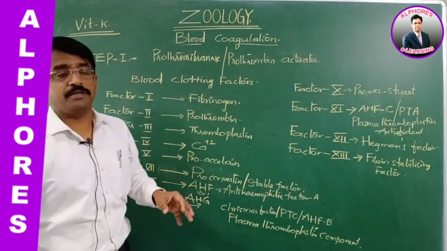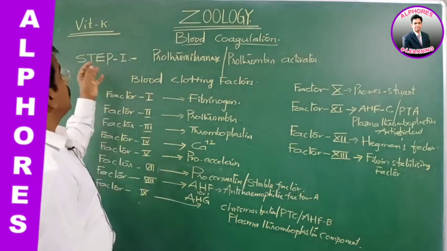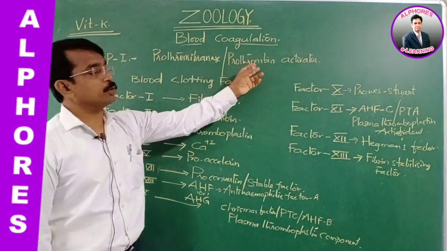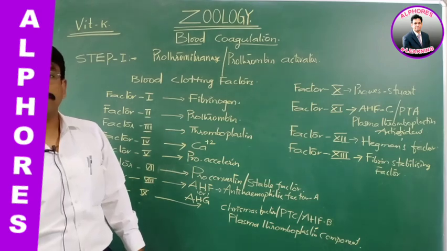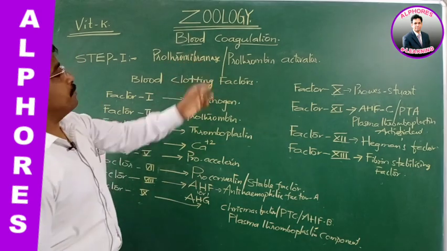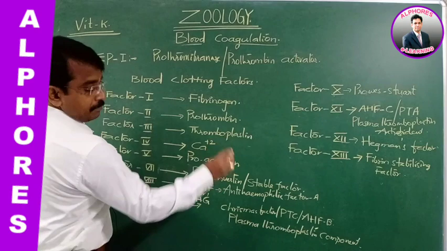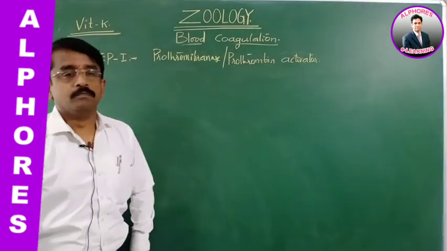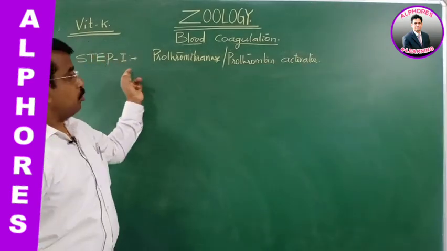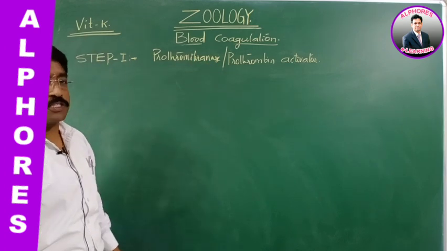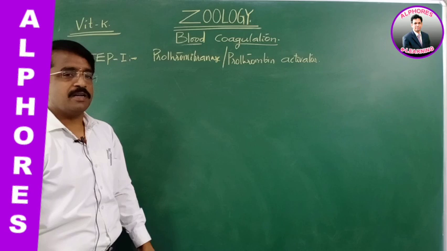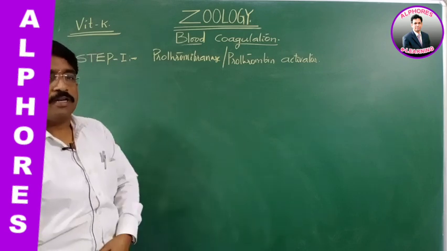In that connection, first we'll go for step 1, prothrombinase or prothrombin activator. The first step involves prothrombinase formation. As we discussed, it is a cascade reaction where one step of the reaction influences the other.